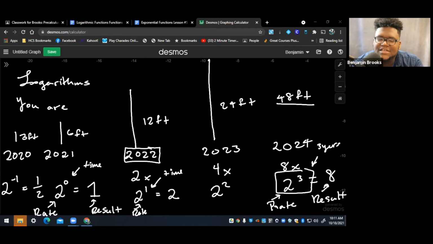That's why 2 to the negative 1 is 1/2. Why? Because at a rate of doubling each year, if I go 1 year in the past, reversed, then I'm actually 1/2 the size I am now.